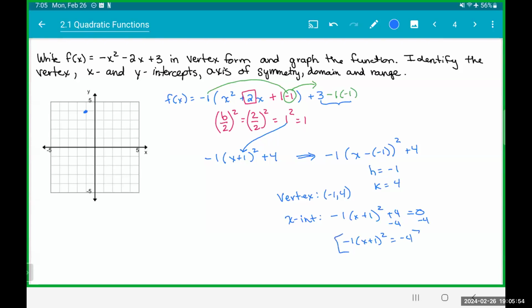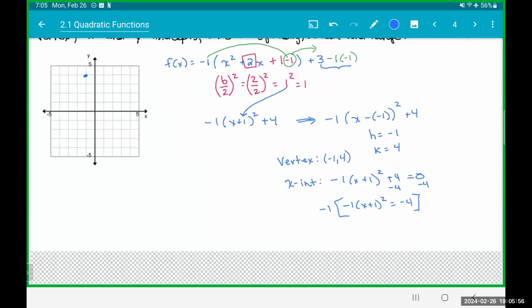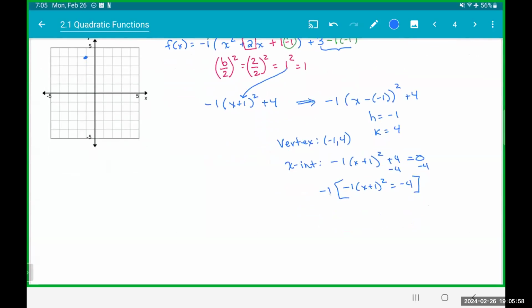Can multiply everything by negative 1, that makes that a positive 1. So that would give us x plus 1 squared. Negative 1 times negative 4 is positive 4. Now we could take the square root of both sides and we get that x plus 1 equals positive or negative 2. Last step for that would be minusing 1 from both sides.